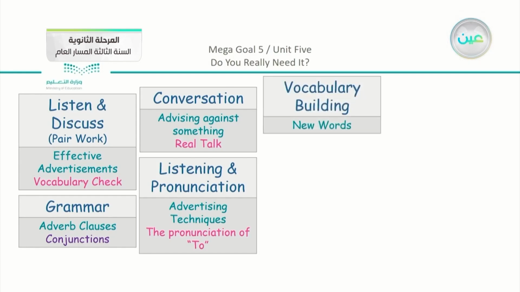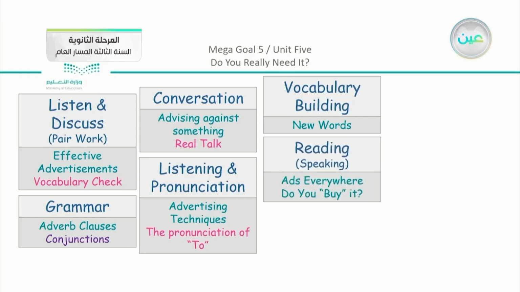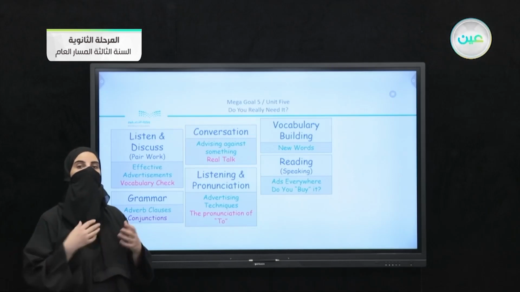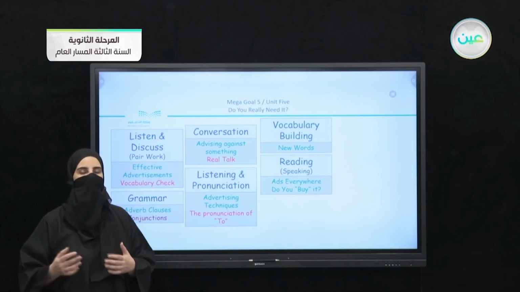We also learned new words through our vocabulary building lesson, which led us to the reading lesson. The reading was "Ads Everywhere. Do You Really Buy It?" We started by explaining that "buy" here can have more than one meaning. And the topic in general was about how advertisers attract the consumers.